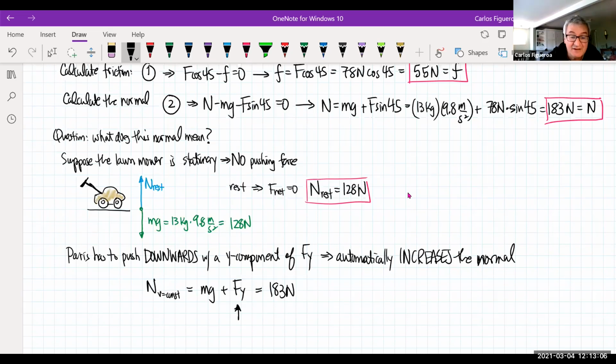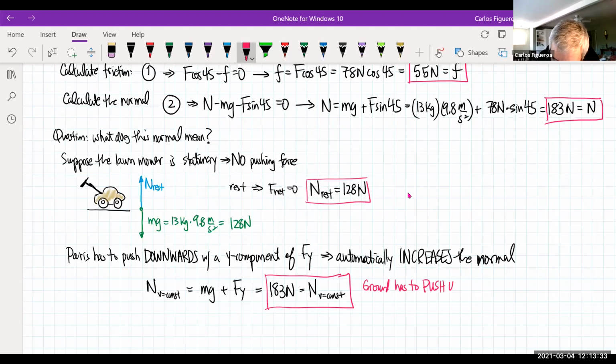So the reason for the difference between this normal at constant velocity and the one at rest is that there's a y component in there. The ground has to push up harder in this scenario.